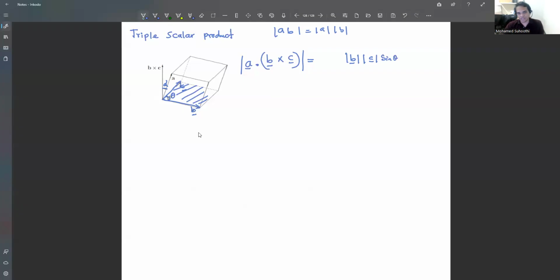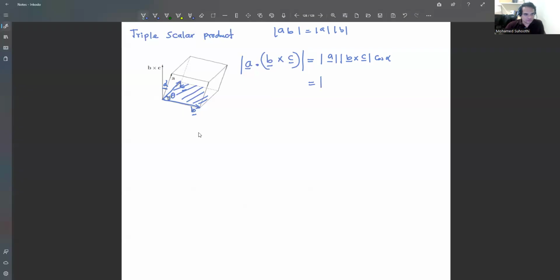Then I'll write the dot product first: vector A, then B cross C magnitude, and the cos of the angle between these two. This is vector A, this is B cross C, the angle is alpha, so that is cos alpha.